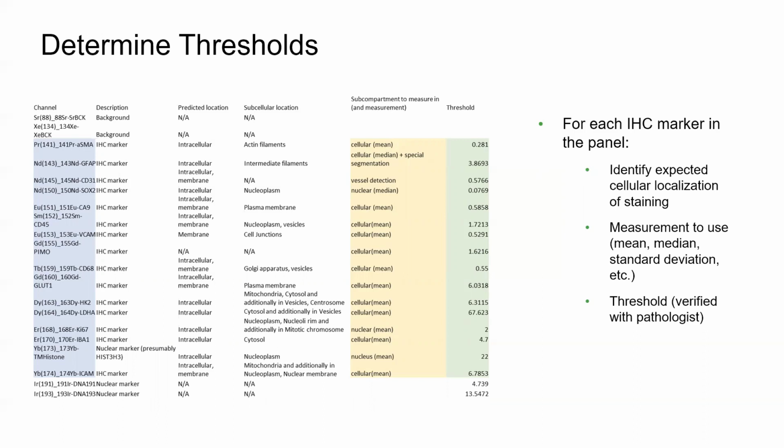Rather, I use a pathologist. I have a meeting with a pathologist and we sit down for each and every one of these markers to identify some sort of binary threshold for classifying a cell as either positive or negative for this marker. We then repeat this for each of the markers included in the panel, and I'll elaborate more on this during the actual practical part of this workshop.